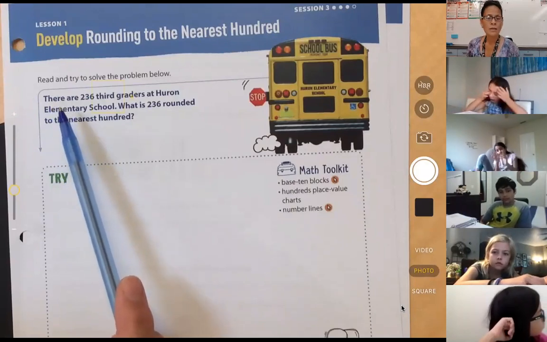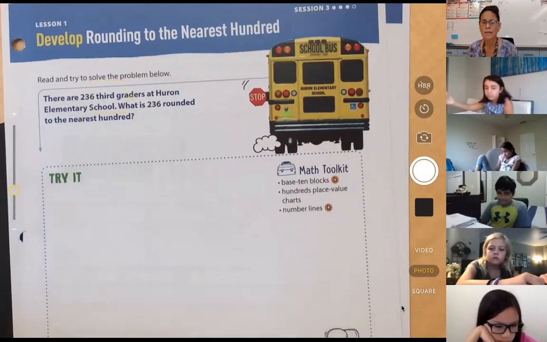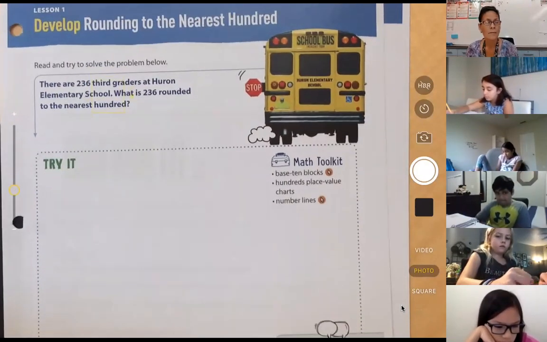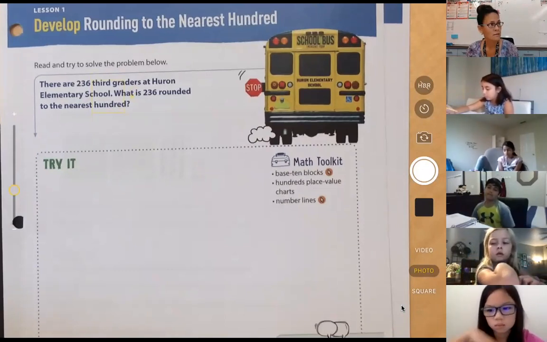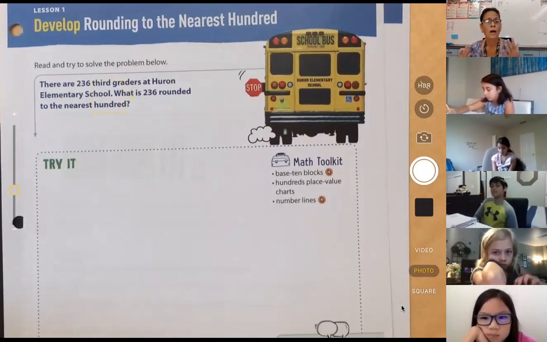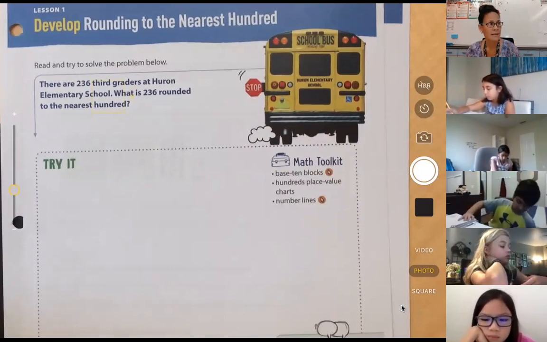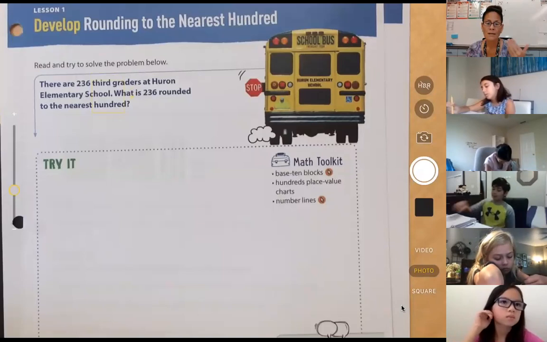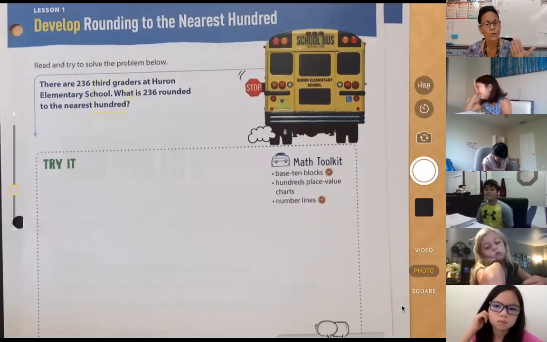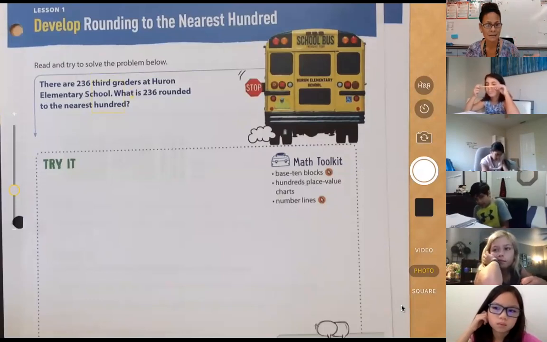So I want to circle back for just a moment and remind you all of our close reading strategies, because remember, a lot of what we do in math is reading and comprehending or understanding what the question is asking us. And remember, we talked about how we are only answering questions that are being asked of us. In order to do that, we need to understand what the question actually is.